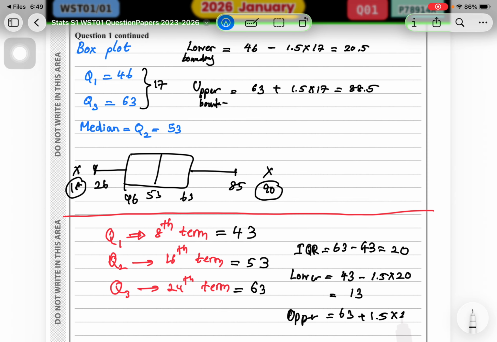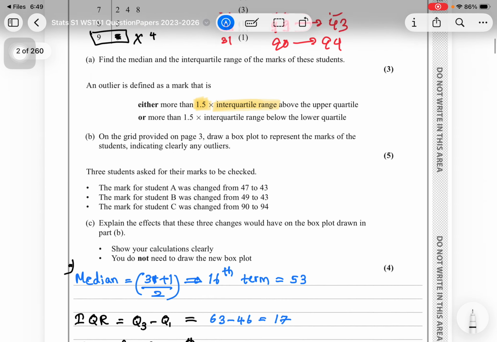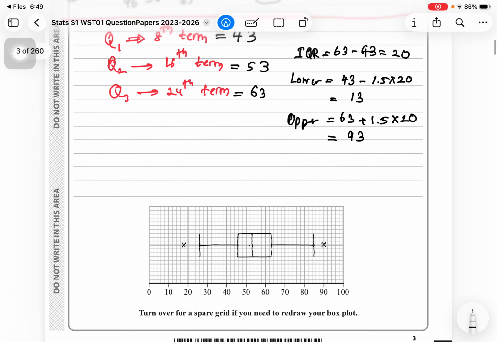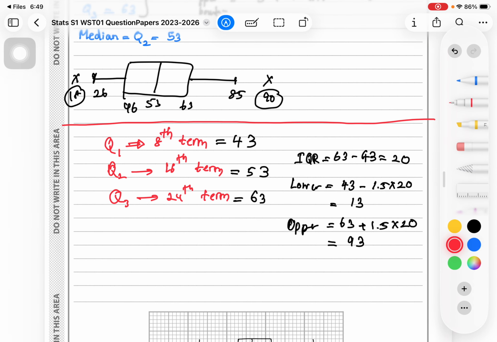It's 93. Once we get those values, these are the new changes, so that we know this is the updated information.